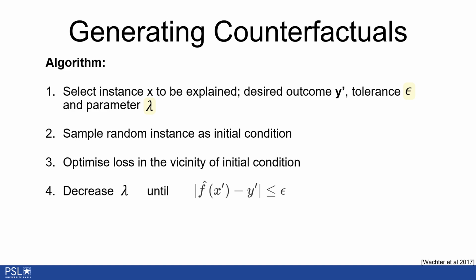Then the optimization is repeated while decreasing lambda until the difference between the counterfactual output and the desired output is less than epsilon. And this full procedure is repeated multiple times from different initial random instances to generate a list of counterfactuals.